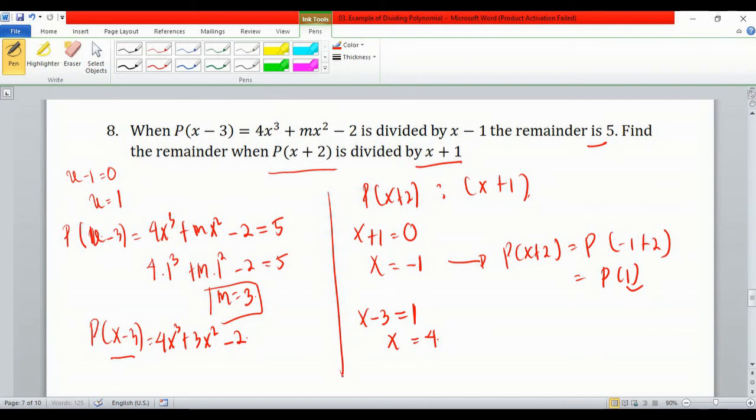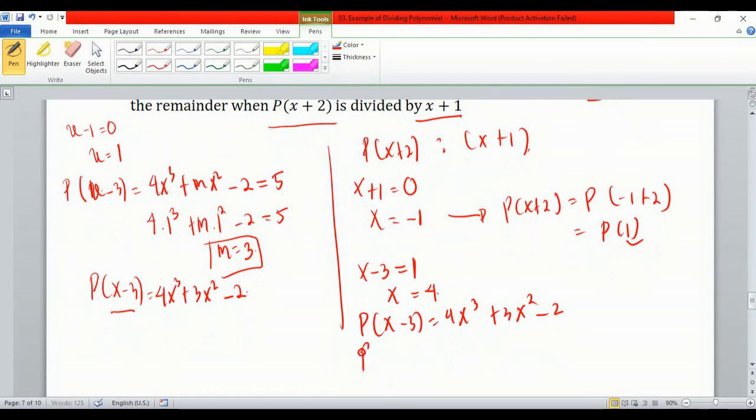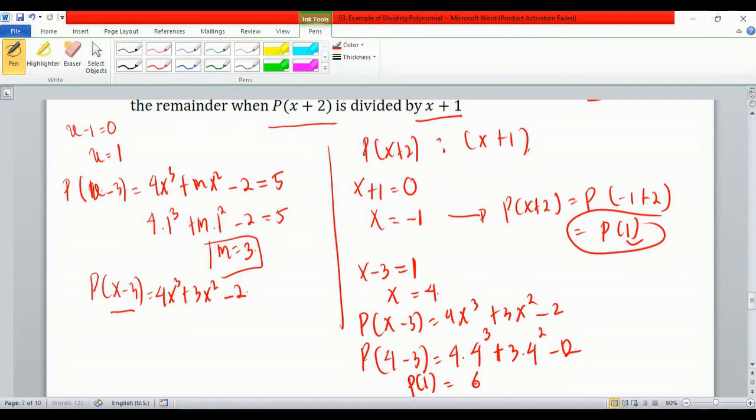So we substitute again into p(x minus 3), 4x power 3 plus 3x power 2 minus 2. And then you need to substitute 4 because we want to find p(1), right? So p(4 minus 3) is equal to 4 times 4 power 3 plus 3 times 4 power 2 minus 2. So this one is p(1). It's equal to 4 power 4 plus 3 times 4 power 2 minus 2.